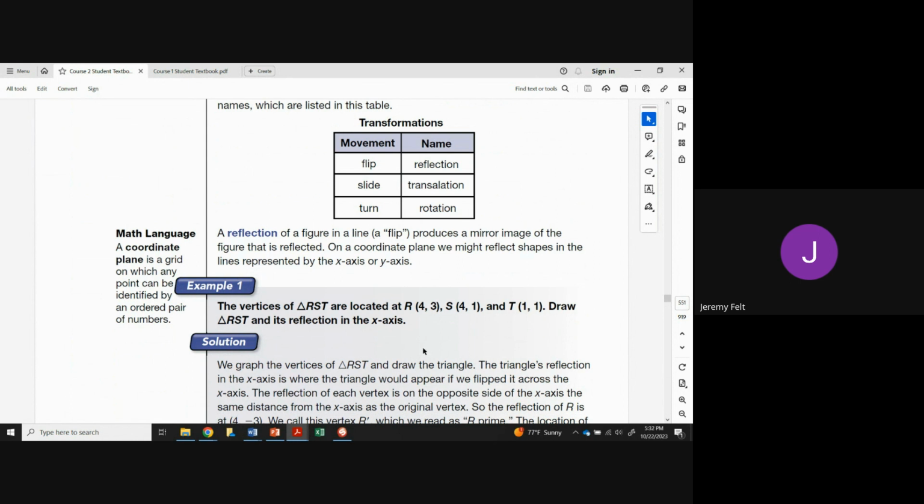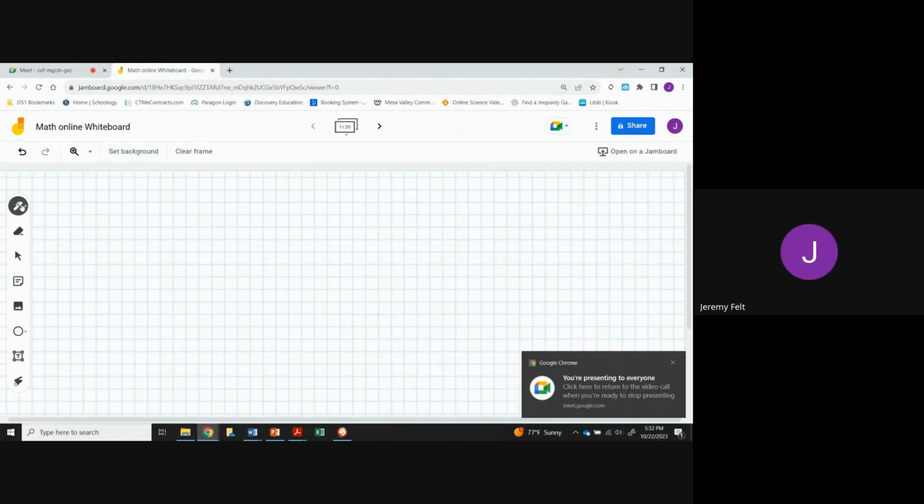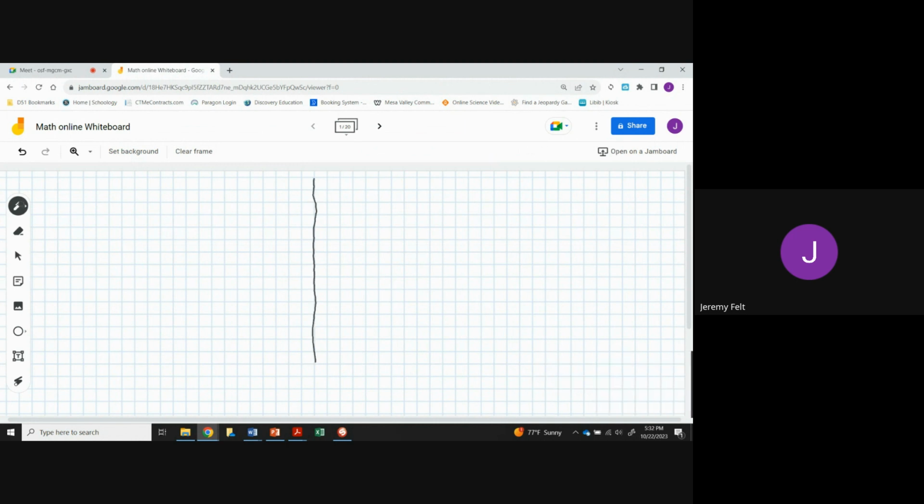So let's copy these down and draw our x and y coordinates.